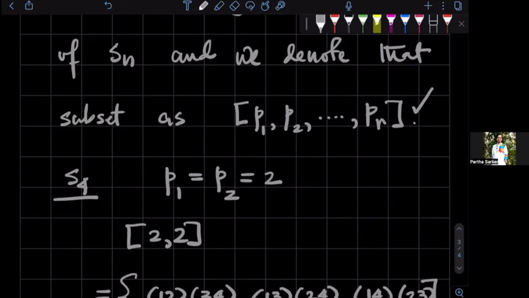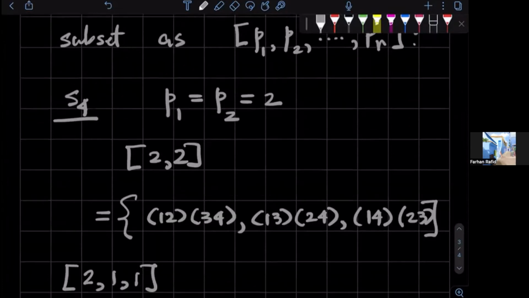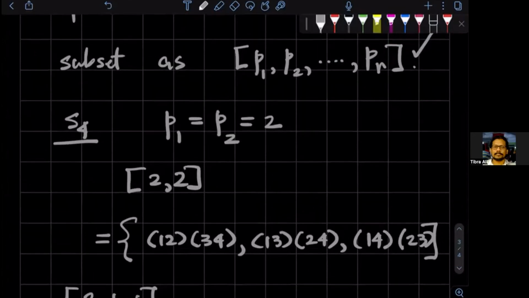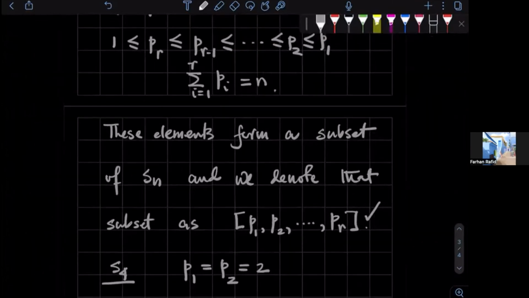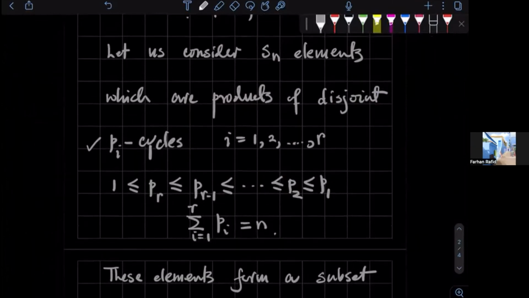Yeah. Sir, the [2, 2] in square brackets, that is called S2, right? No, this is not a group. This is just a set, a subset. So we are considering some group Sn, and we are looking at elements of this group which are products of disjoint pi cycles, where i goes from 1 to r.